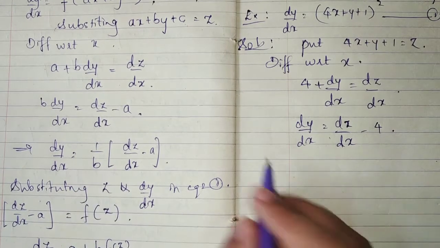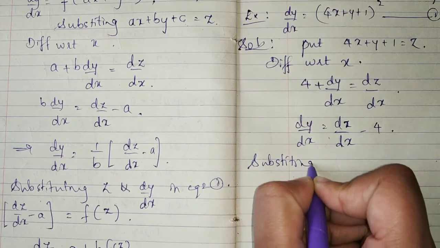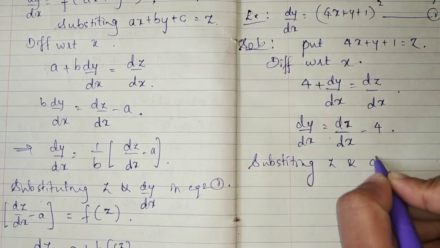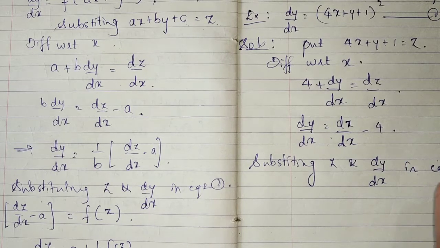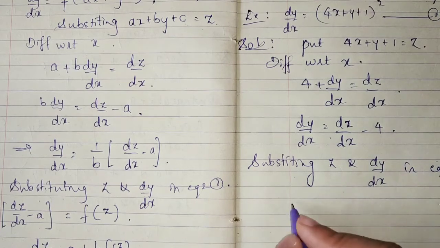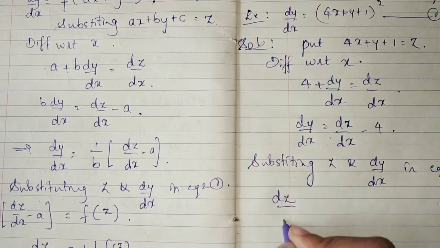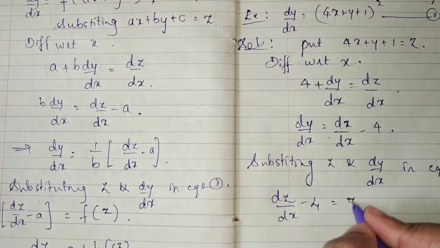Substituting z and dy by dx in equation 1, dy by dx value is dz by dx minus 4 equal to z square.